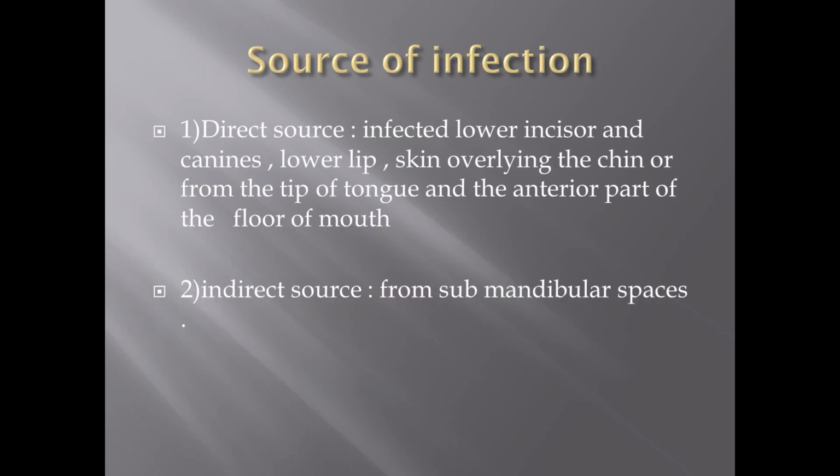Source of infection, we have two sources. Direct source from infected lower incisors and canines, lower lip, skin overlying the chin, or from the tip of the tongue and the anterior part of the floor of the mouth. Indirect from submandibular spaces.